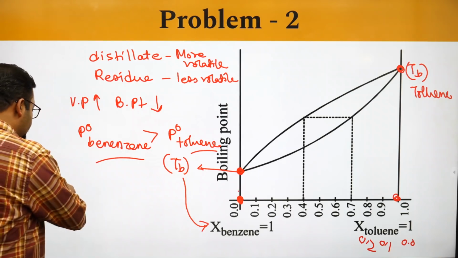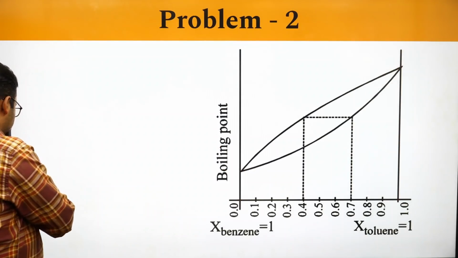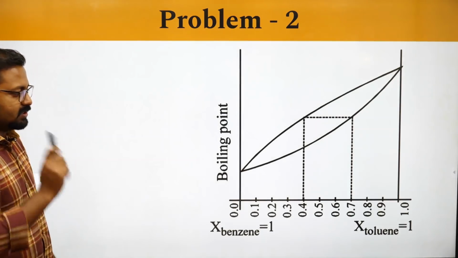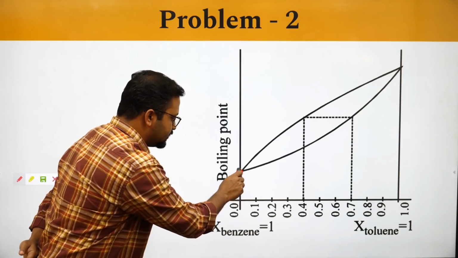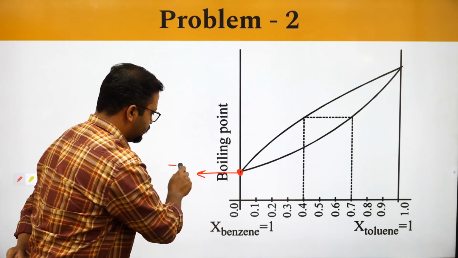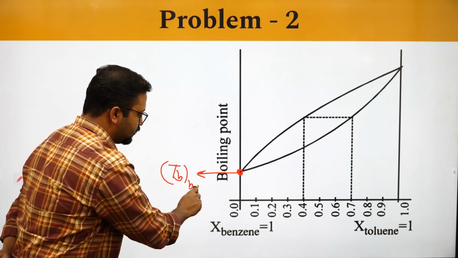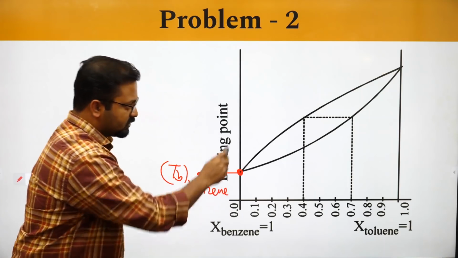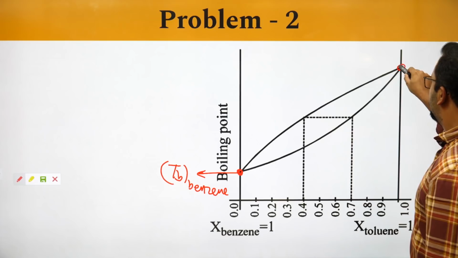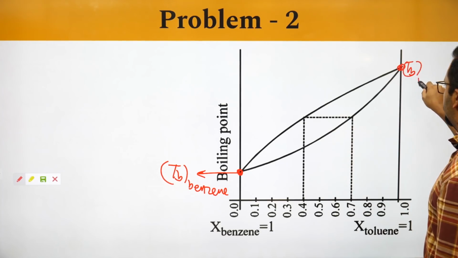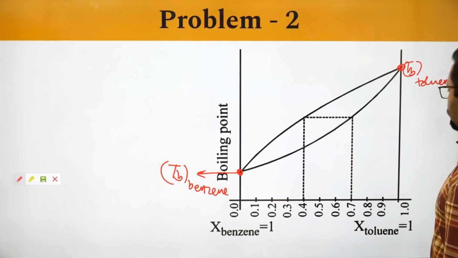Now let's move ahead and try to solve this question. इसको समझते हैं कैसे करना है. Now I had told you that this is the boiling point for benzene, and that was for toluene.